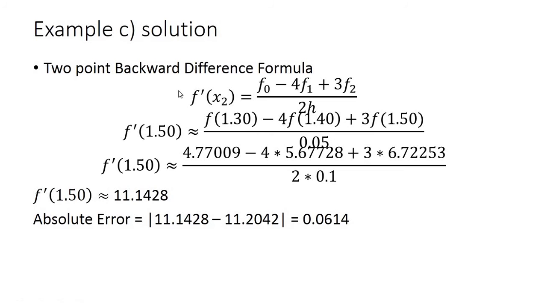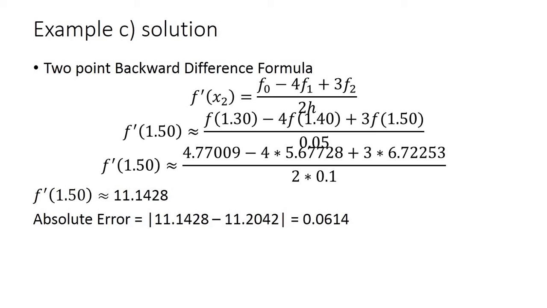And then the 3-point backward difference formula, so this will be given by this formula, and h is 0.1.